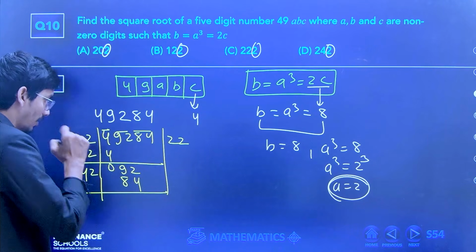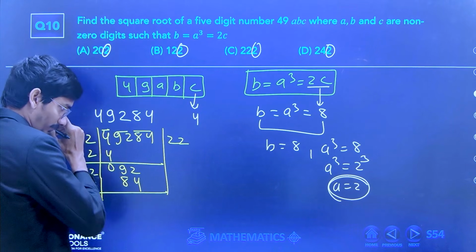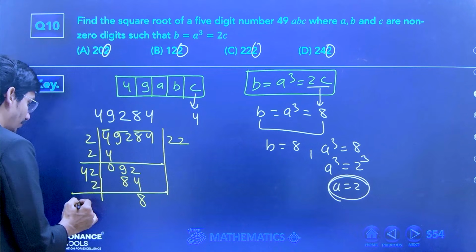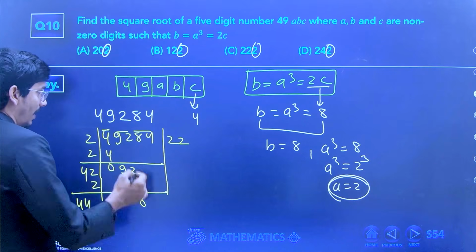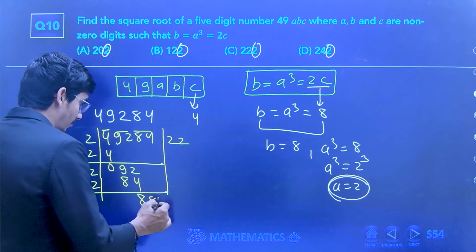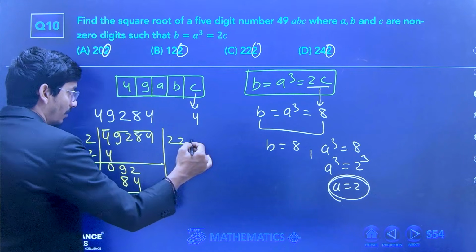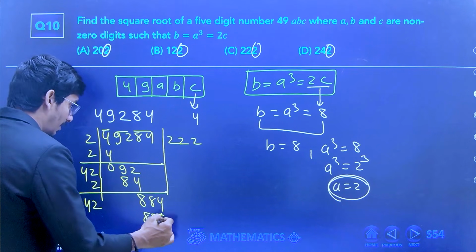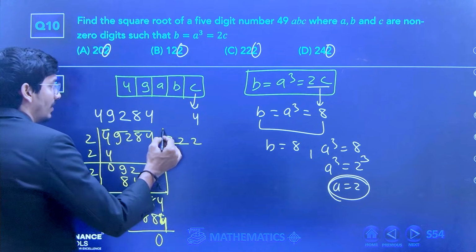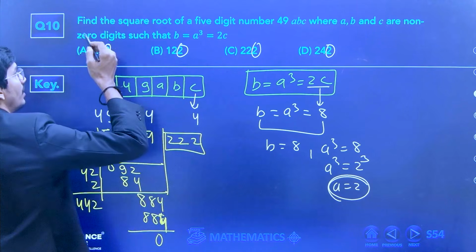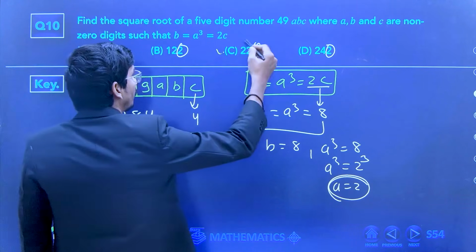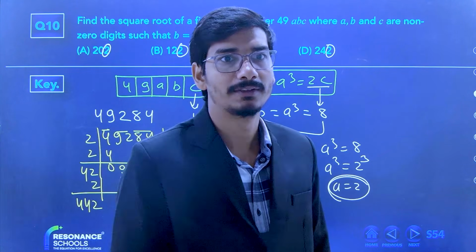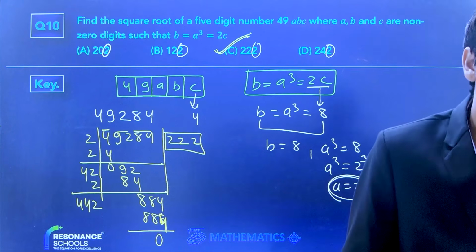Subtract it, we get 8, bring down 84, so it becomes 884. Again 2 times, so when you write 2 times, it's 884. So what is the square root of this quantity? 222.